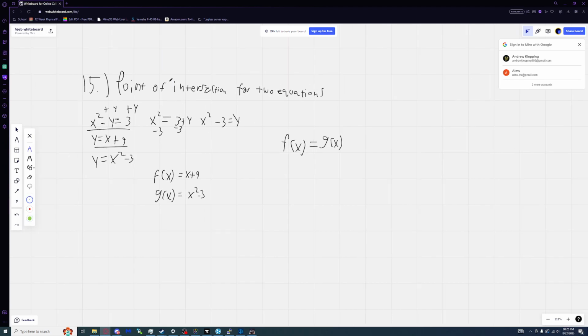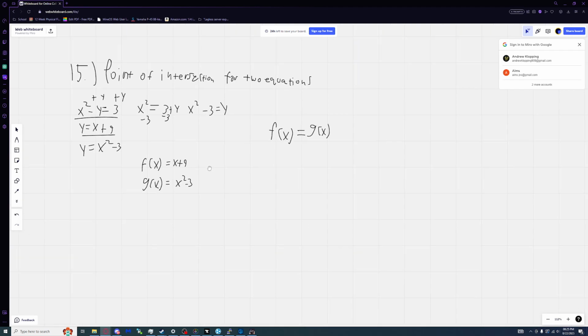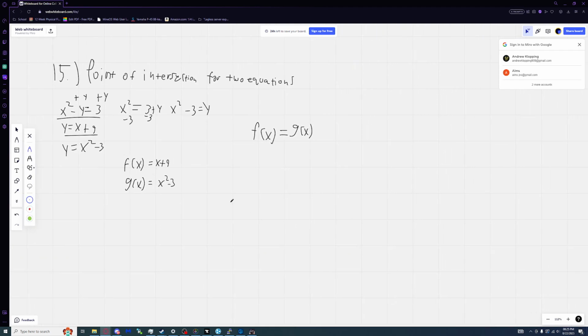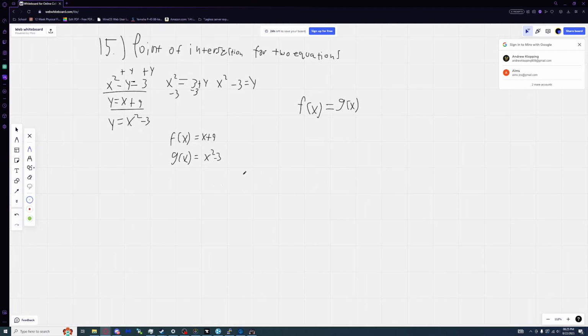Once again, to find the point of intersection, you have to find when f of x is equal to g of x. So we're going to set f of x equal to g of x. So x plus 9 is equal to x squared minus 3.